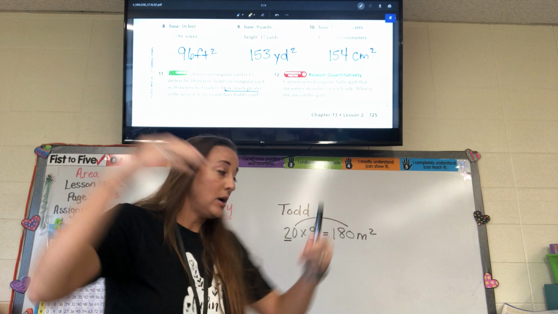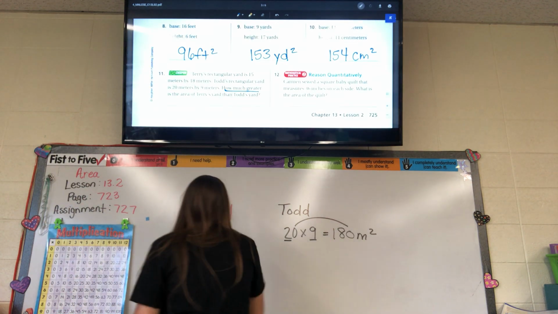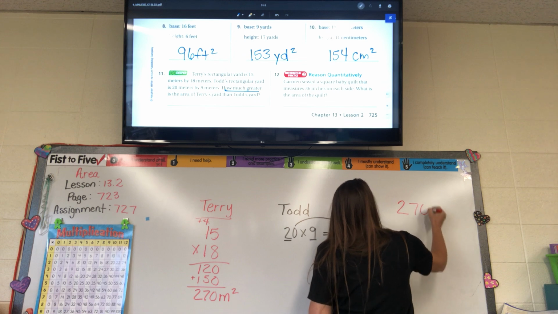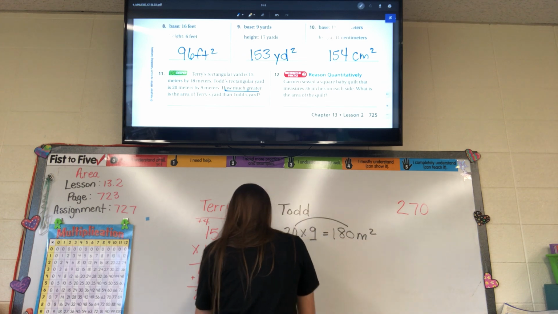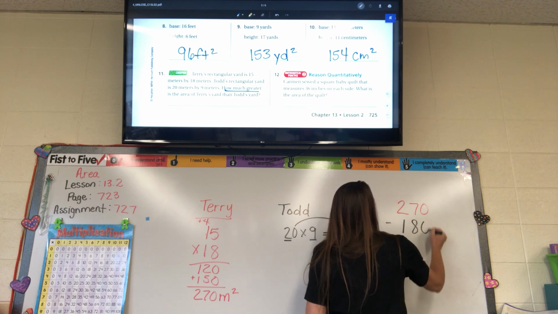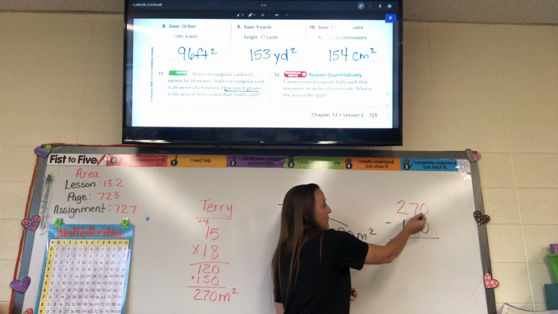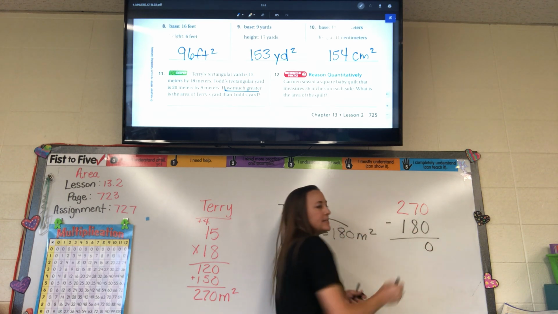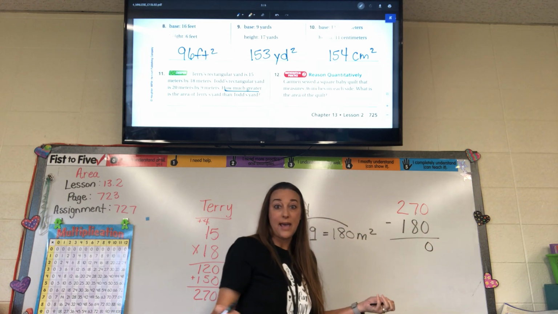So we put the big number on top first. So Terry's yard, 270, minus Todd's yard, which is 180. 0 minus 0 is 0. 7 minus 8, can't do that, can we?